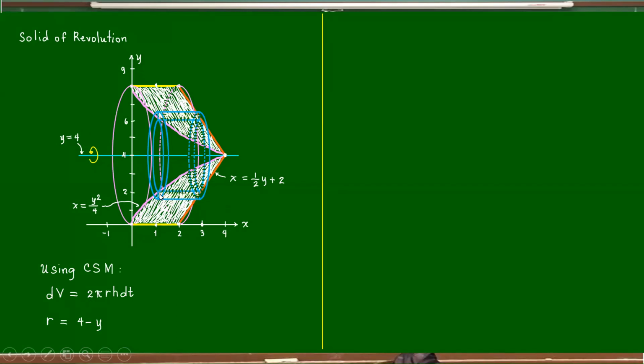So any point along this element is y. Okay, so that is 4 minus y. Okay, and then the height, x right, that is the line, minus x left, the pink one, which is the parabola. So 1/2 y plus 2 minus y squared over 4. So that's the height. dt equals dy, since this is a horizontal element.